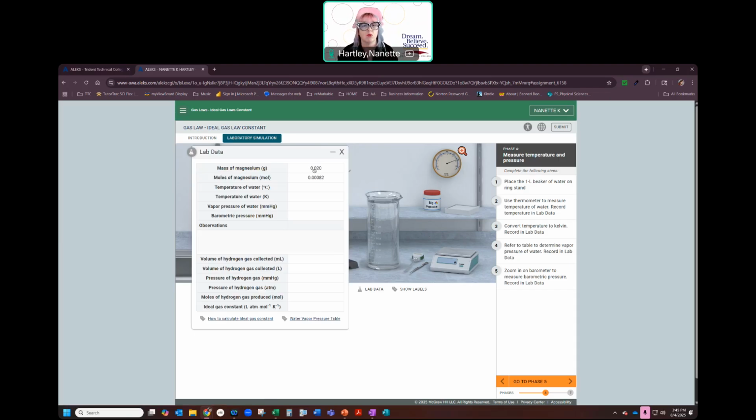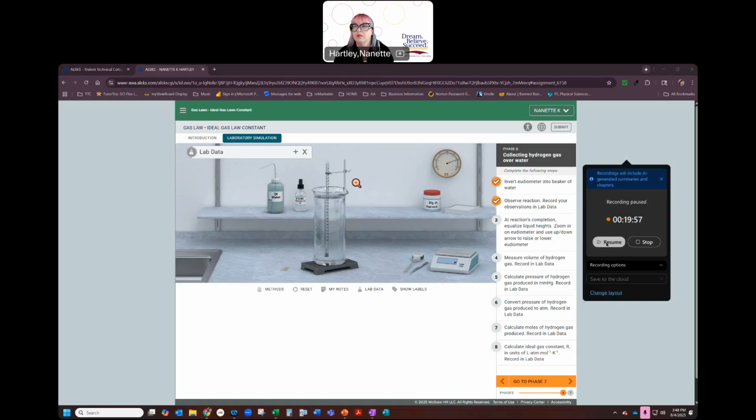So the 0.0, neither one of those zeros is significant, but the 2 and the 0 at the end, those are significant. So that's why my moles of magnesium has 8 and 2. Those are significant digits, so those are things that I have to report. So make sure that you're consistent with your sig figs because it's going to complain about them.